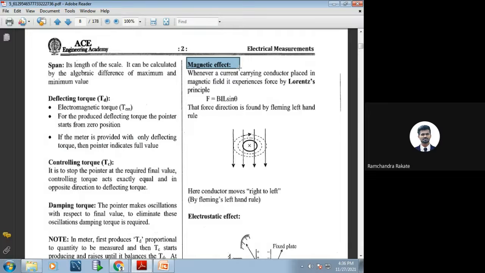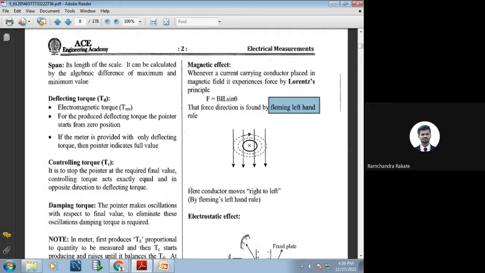The Lorentz law says that whenever a current carrying conductor is placed in a magnetic field, it experiences a force. That force is given by F equal to BIL sin theta. And the direction of the force is given by a well-known rule, Fleming's left hand rule.